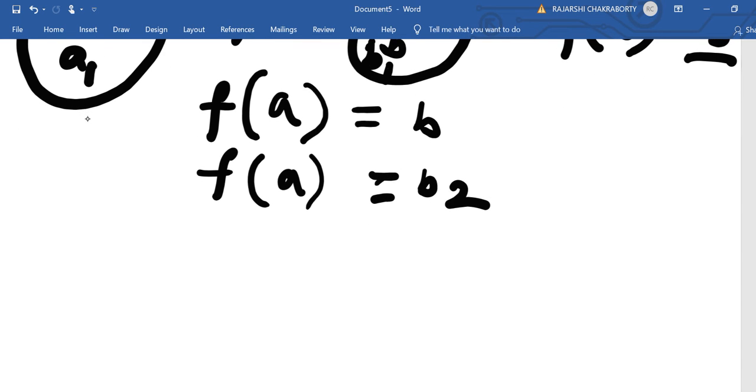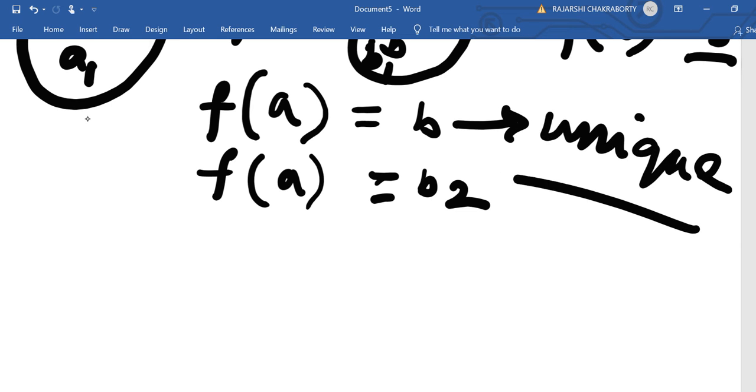It's not, because you have two results for the same operation on A, and that means it is not a function. So one of the key criteria for f to be a function is that b has to be unique. So there you have the definition of a function.